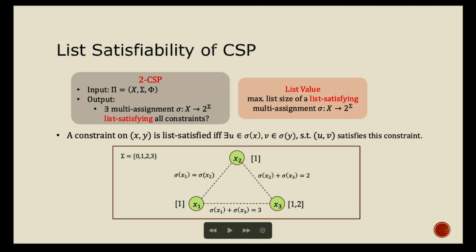However, this CSP can be list satisfied by the following assignment. We can assign 1 value to x1 and x2 and 2 values to x3. So you can see every constraint is satisfied by some pair of values in their respective lists.